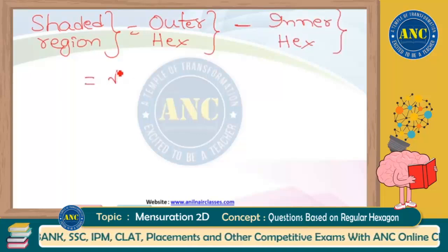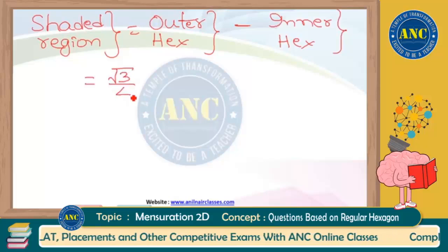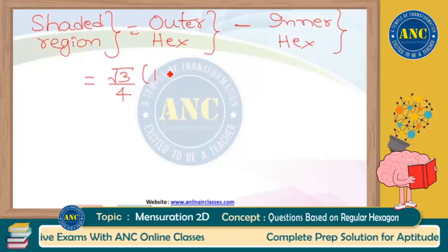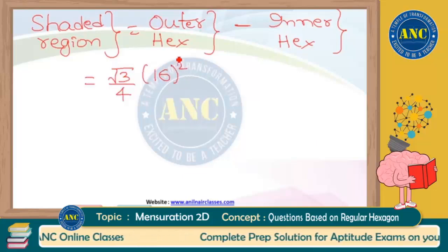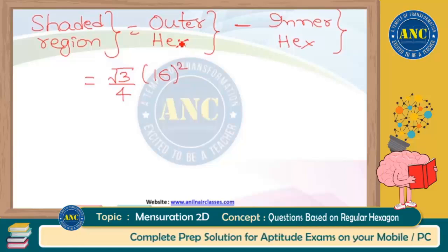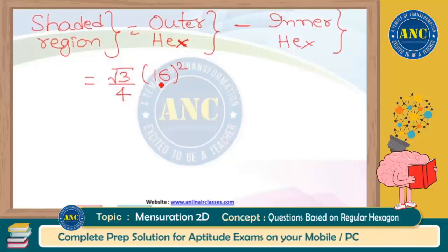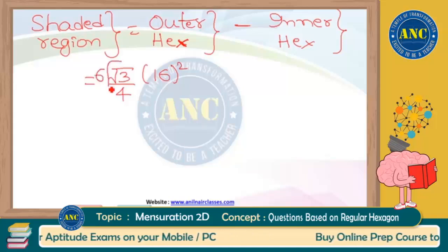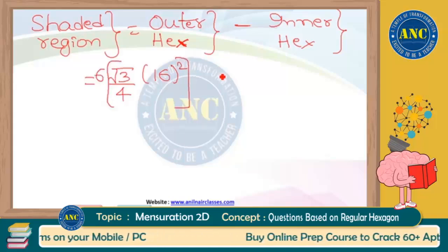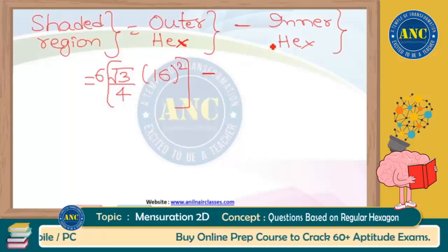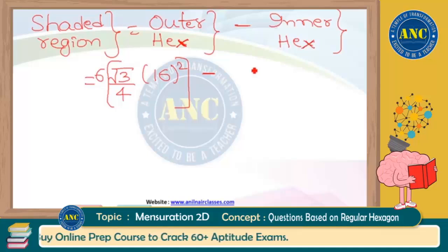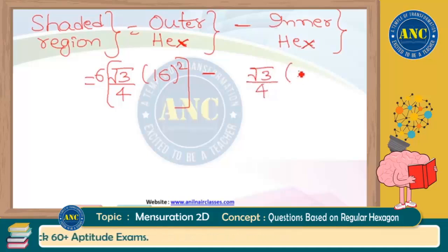Outer hexagon area is root 3 by 4 into side, 16 square. But a hexagon is 6 times an equilateral triangle. Root 3 by 4 into a square is 1 equilateral triangle. 6 times becomes 6 into root 3 by 4 into 16 square, minus the area of the inner hexagon, which for one equilateral triangle is root 3 by 4 into 8 square.